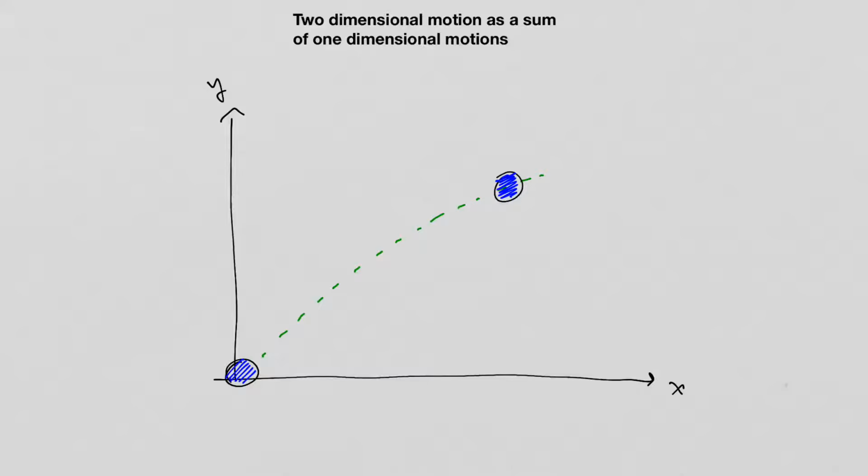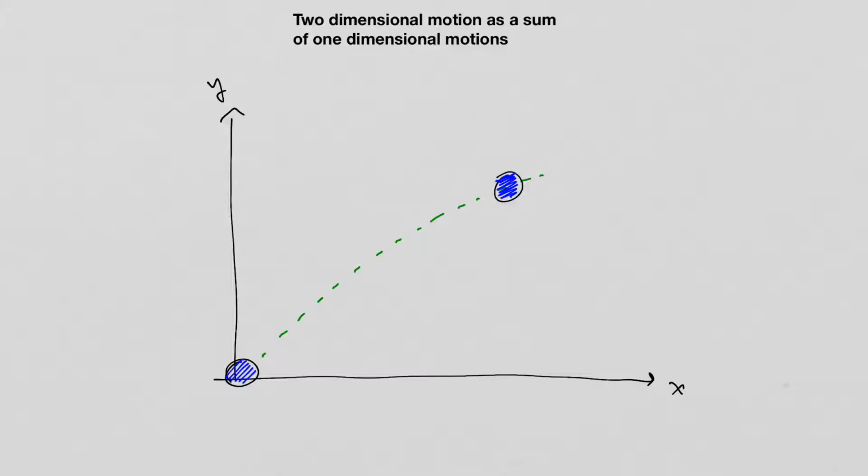Let's consider an object that starts its motion at the origin of a two-dimensional coordinate system, and then it undergoes some motion along a curved trajectory, and it ends up at this position later in that two-dimensional space.